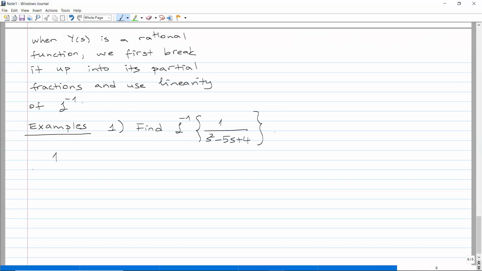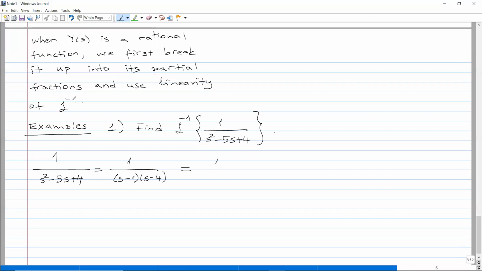So to break it into its partial fractions, first we need to factor the denominator. In this case, we can factor it as s minus 1 times s minus 4, right?